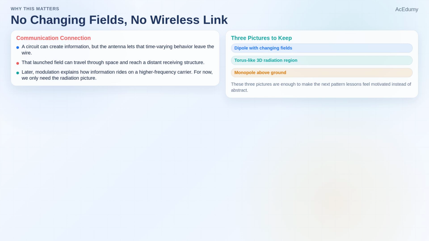But before we talk about those communication details, we need this antenna picture. No change in fields means no radiation. No radiation means no wireless link. So this lesson is the foundation that connects field intuition to the practical idea of sending energy and information through space.